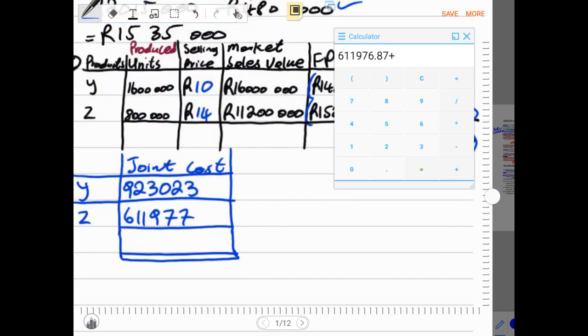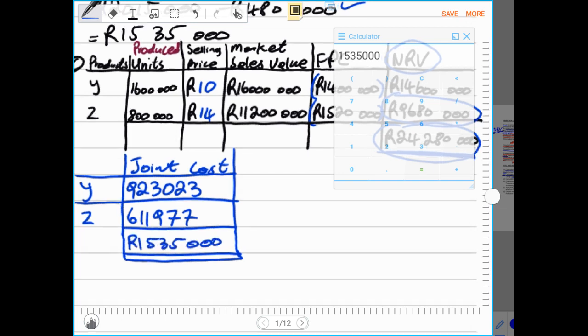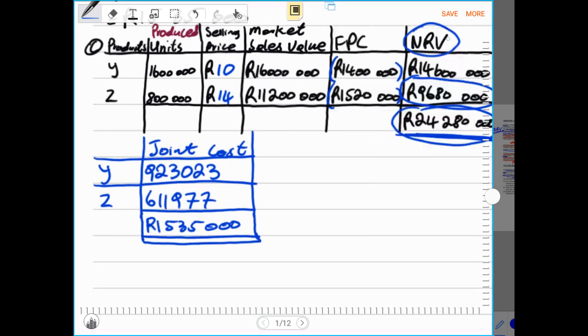It will be plus 97 plus 92, 3023, and it gave us exactly 1,535,000 rands. And this is exactly the amount that we are allocating. Then everything is exactly correct with the allocation.